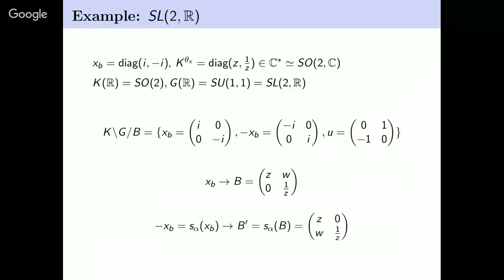And then what is minus XB? Well, you have to find an element which conjugates XB to minus XB, and that is to say it's this Weyl group reflection S alpha. And the new Borel that you're going to get is S alpha acting on B, which takes you to the opposite Borel. So minus XB is giving you the lower triangular Borel.